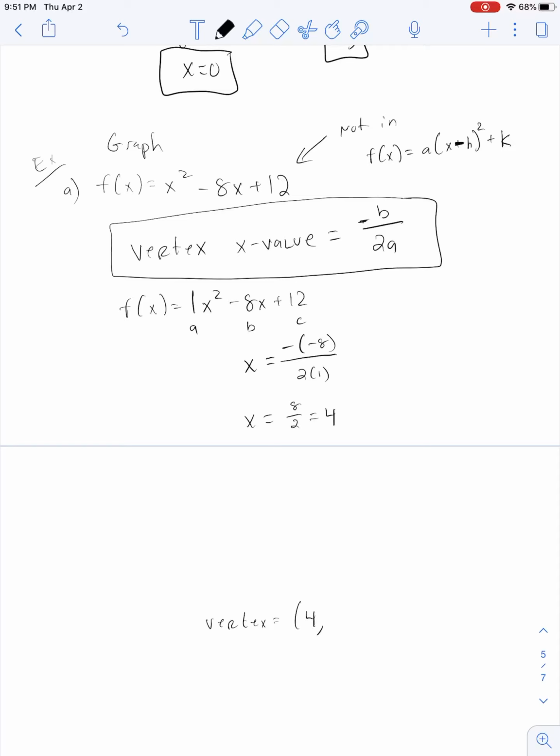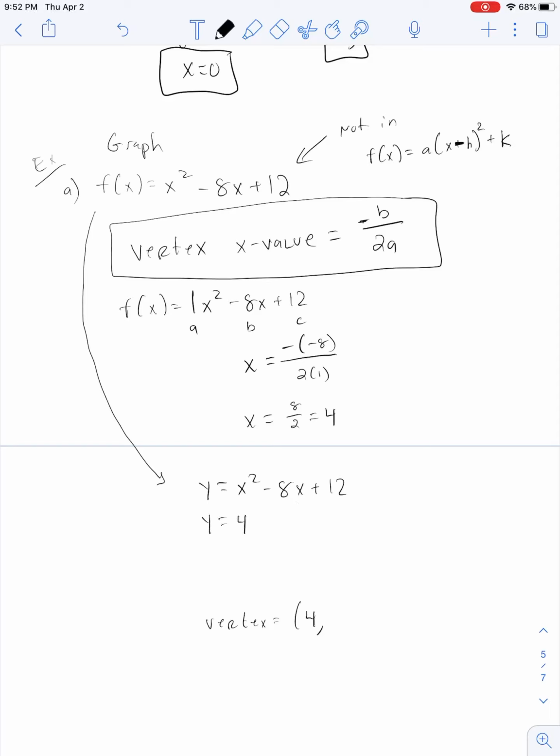Now what we need to do here is find the y value. Well, all we're going to do is plug that 4 back into our regular function. Remember, f of x is a fancy way of saying y, so I'm just replacing f of x with y. And now I'm going to replace each one of these x's with 4.